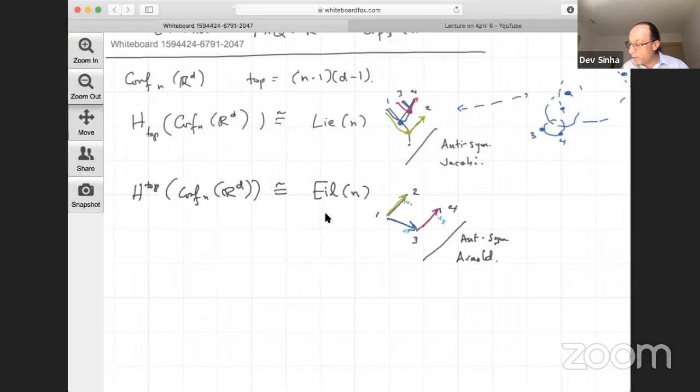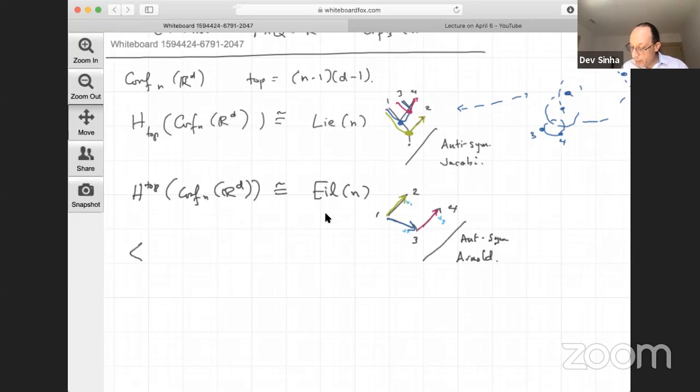So if I have leaf 1 and leaf 2, I can look at the vertex that's the highest vertex that's below both of them. If those are all distinct, then the pairing between these two is going to be plus or minus 1, and that's the pairing in homology and cohomology.